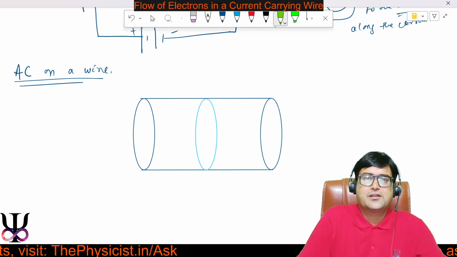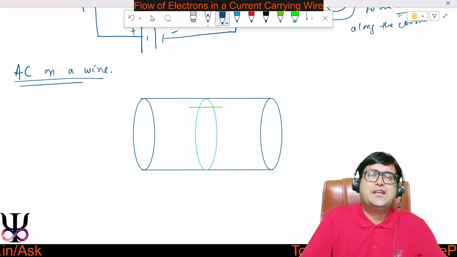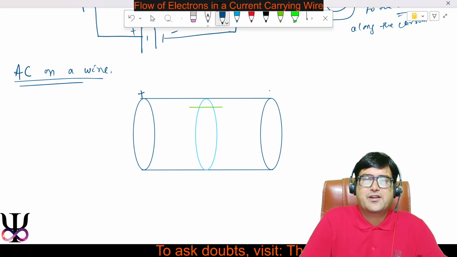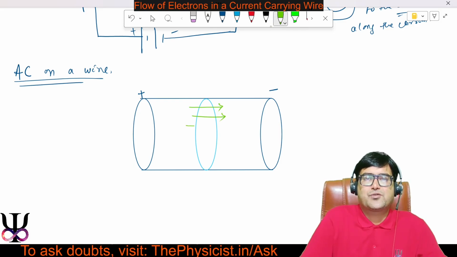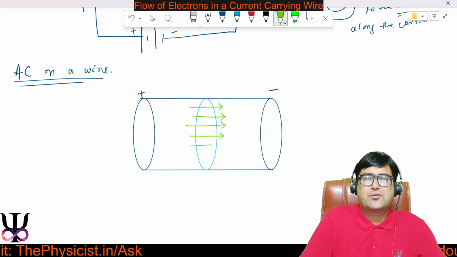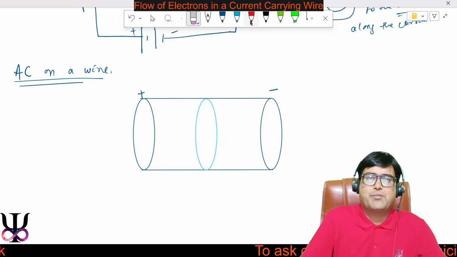There is an electric field that is, let us suppose I have initially a positive end on the left and a negative end on the right, and we say that the electric field is somehow passing through. You will say, sir, the electric field should not always be all parallel to the axis.